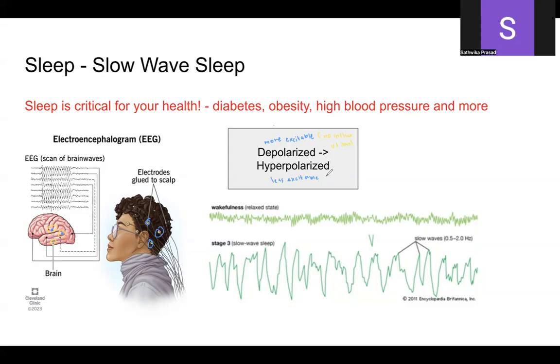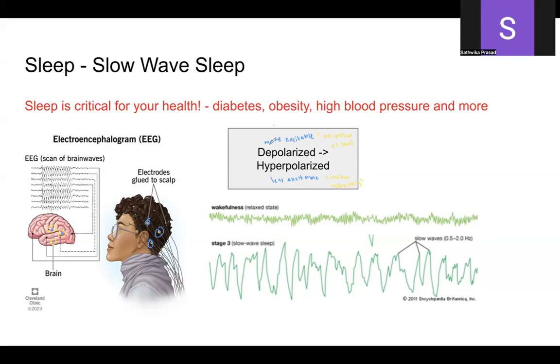Whereas in a less excitable state, it's possible that there is an influx of ions, or it's in the refractory period, which is basically a period where your membrane potential becomes more negative to stop the action potential from occurring again, right? So make sure that you understand depolarized versus hyperpolarized.